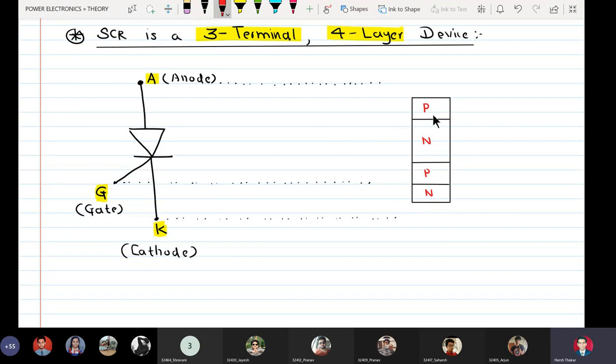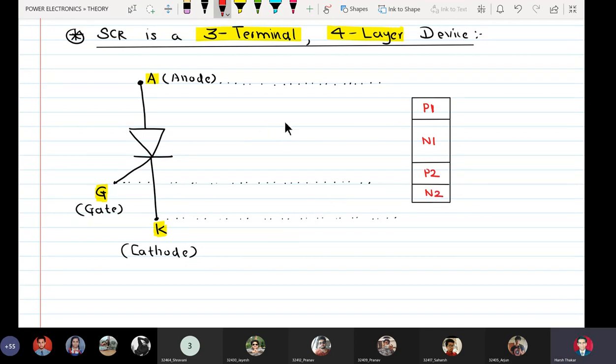Now, so that we do not confuse between this P layer and this P layer and this N layer and this N layer, we give them some subscripts, that is P1, N1, P2 and N2.